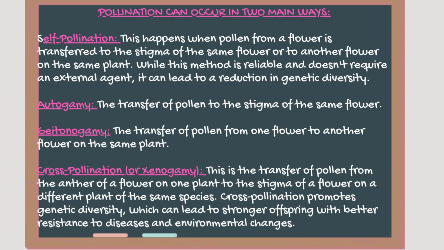The next one is autogamy, the transfer of pollen to the stigma of the same flower. The third one is geitonogamy, the transfer of pollen from the flower to another flower on the same plant.